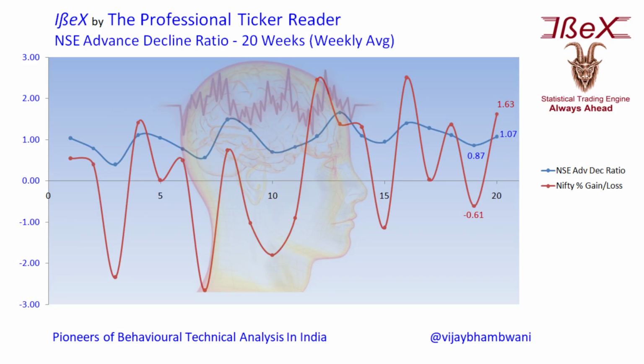Coming now to the advance decline ratio. Remember, this is a weekly chart and the ratio is the average of the 5 trading sessions of the week. Now, the Nifty gained 1.63% as shown by the red line, and the advance decline ratio moved up above 1 after sliding for 3 consecutive weeks prior.